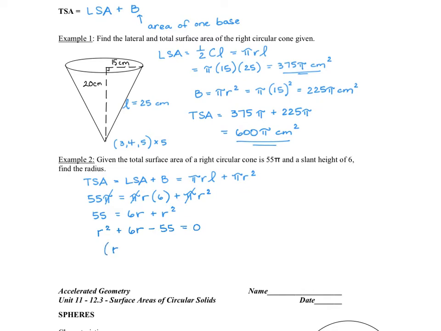And when I break that into its factors, I'll have r plus 11 and r minus 5 equals 0, which leaves me with the options of the radius either being negative 11 or positive 5. And since we know that a distance can't be negative, the radius of the right circular cone must be 5 units.